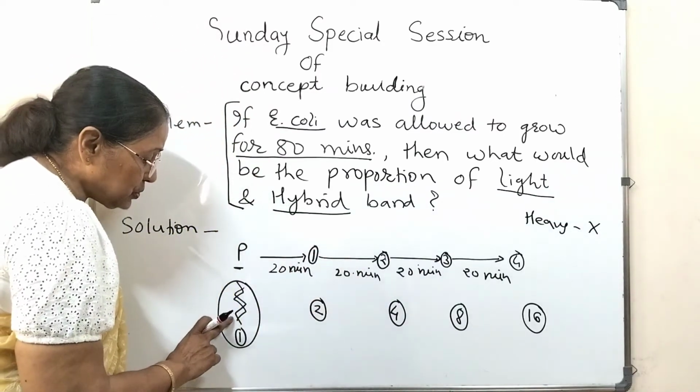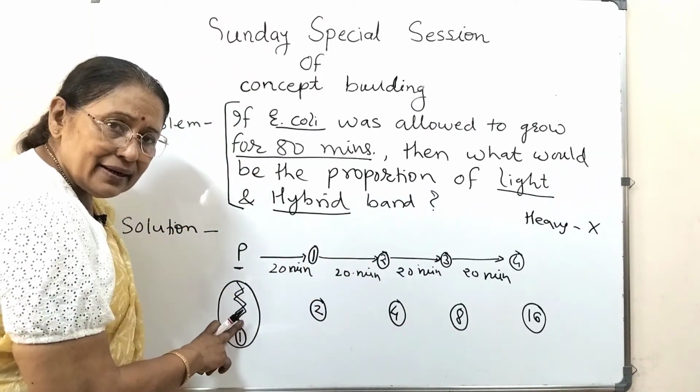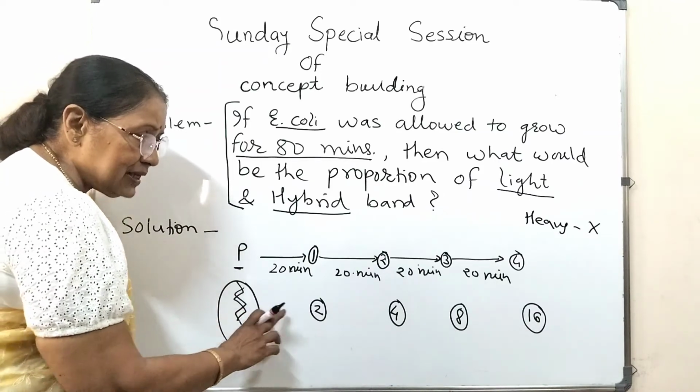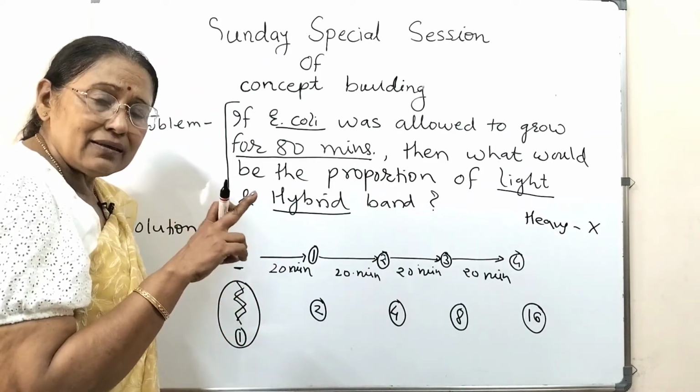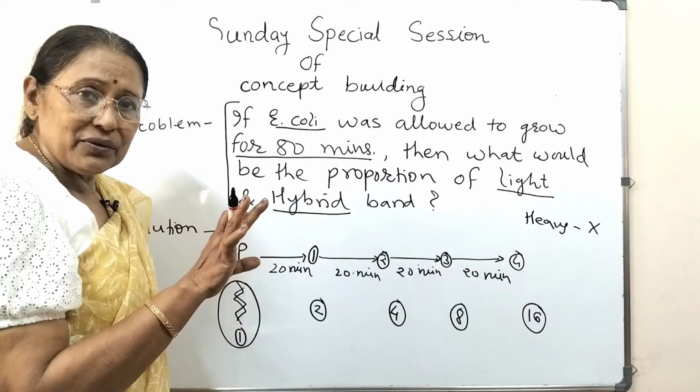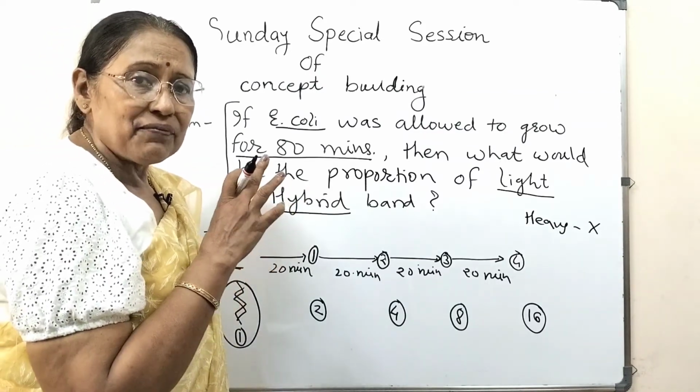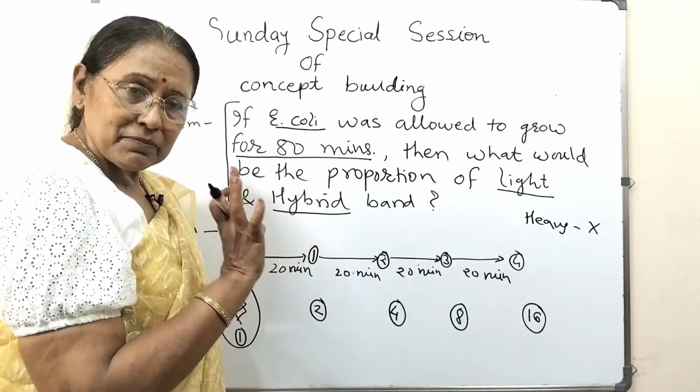Because these 2 parental DNA heavy strands will separate and be present in only 2 DNA molecules. All the rest will have only N14 DNA strands.